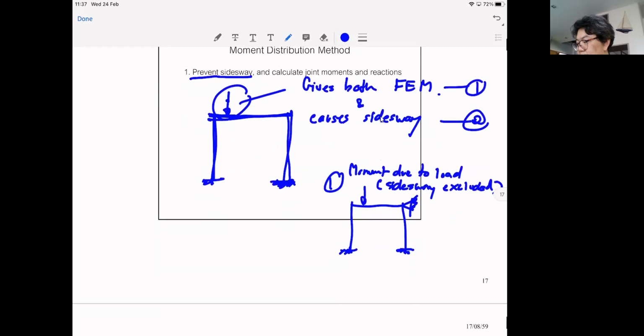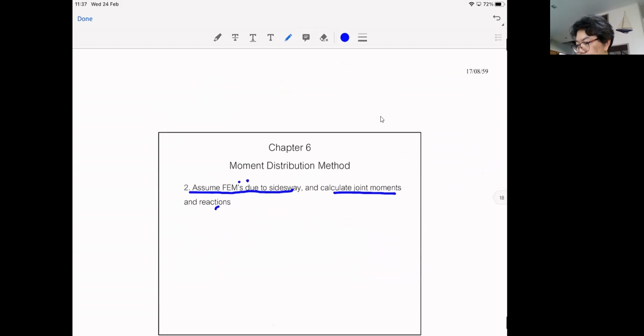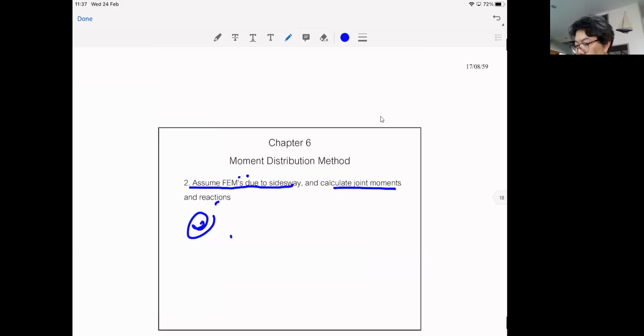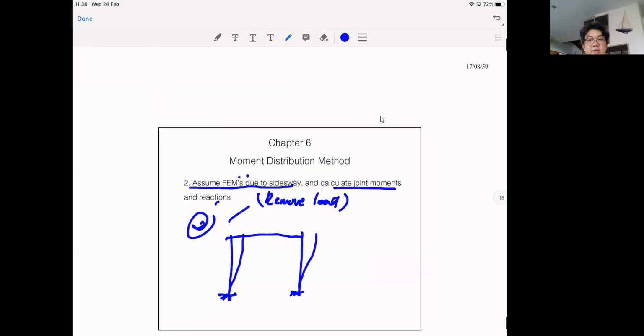So you have a load here, and then case number 2, you have to assume how much this frame will sway. Please notice that in case number 2, we remove the load. You assume the side sway because we don't know, but the key is that you must know the relationship amongst the side sway.